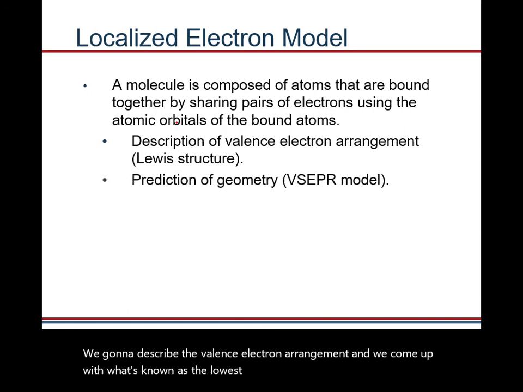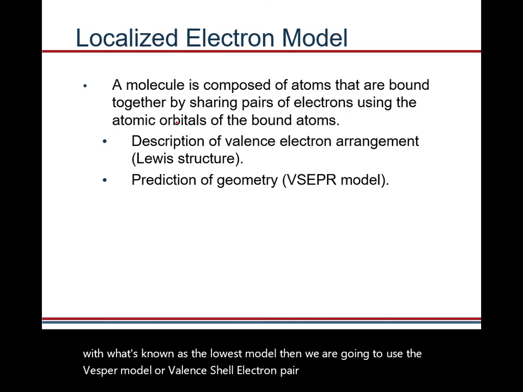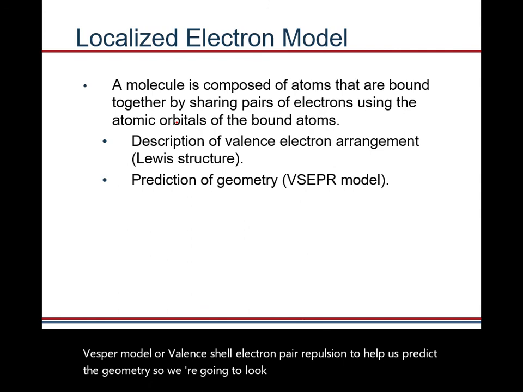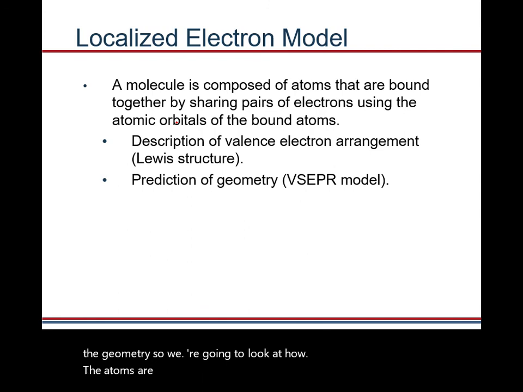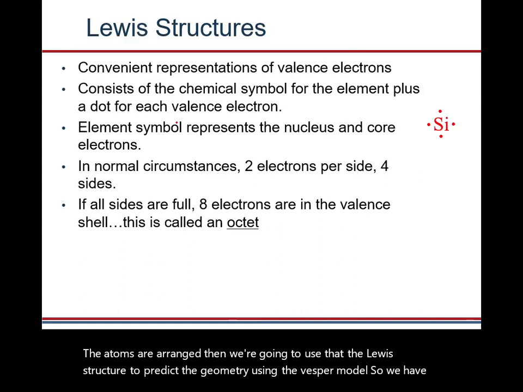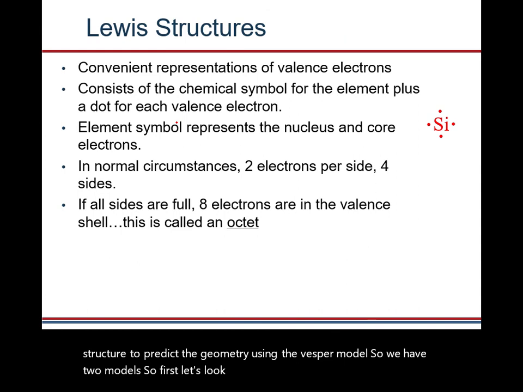Then we are going to use the VSEPR model, or valence shell electron pair repulsion, to help us predict the geometry. So we're going to look at how the atoms are arranged, then use the Lewis structure to predict the geometry using the VSEPR model. So we have two models. First, let's look at the Lewis model.